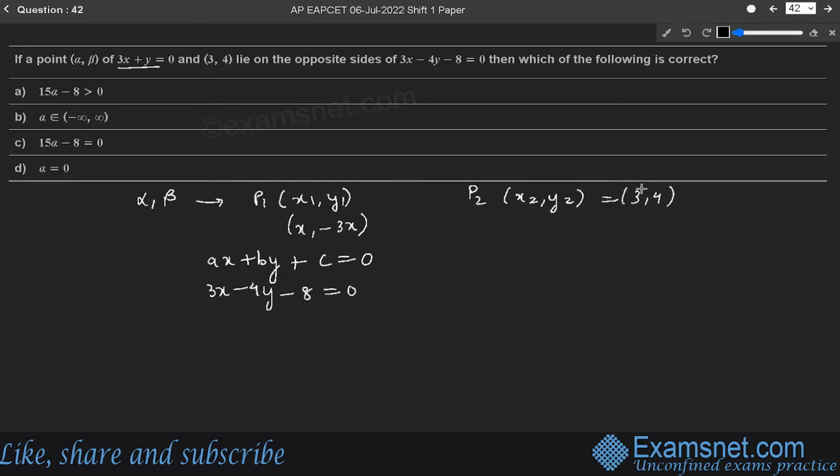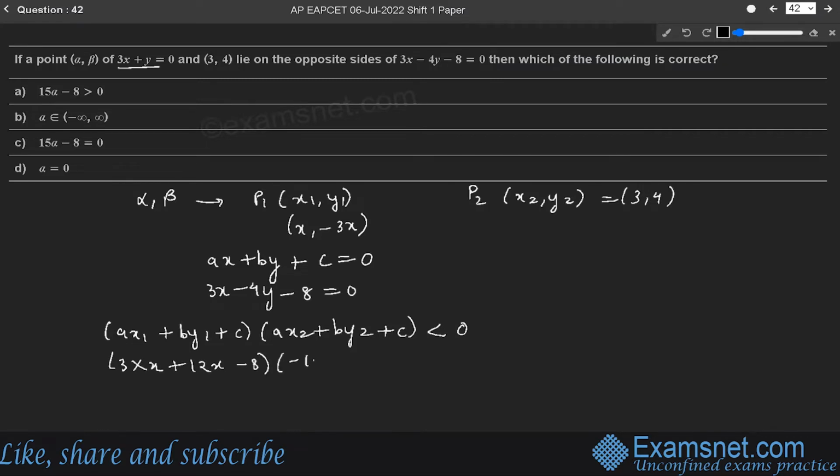So we can write it as (ax1 plus by1 plus c) into (ax2 plus by2 plus c) is less than 0. So substituting the values, it will be (3x plus 12x minus 8) into (minus 15) less than 0.